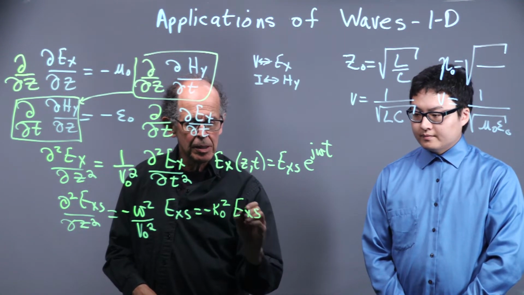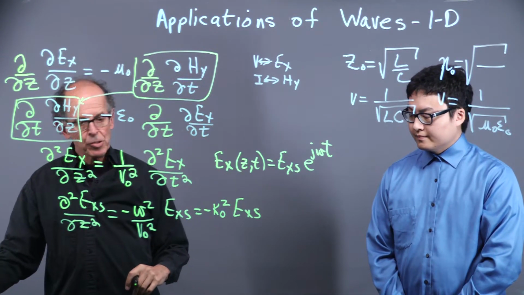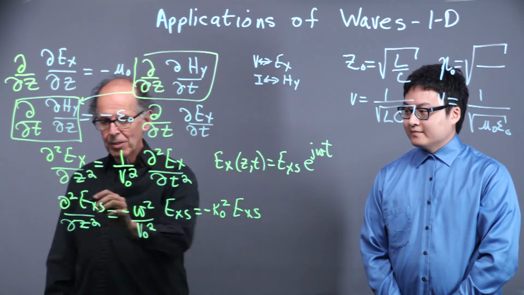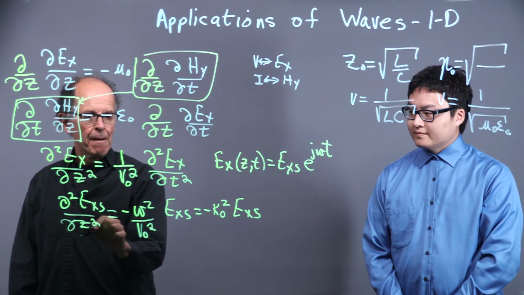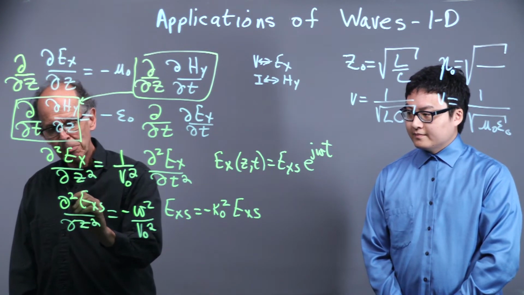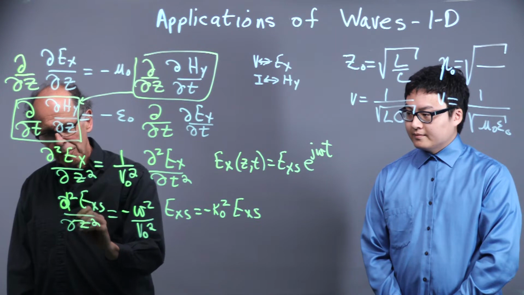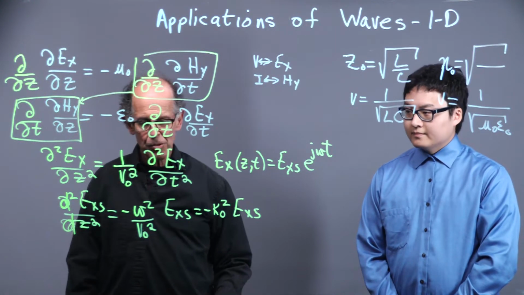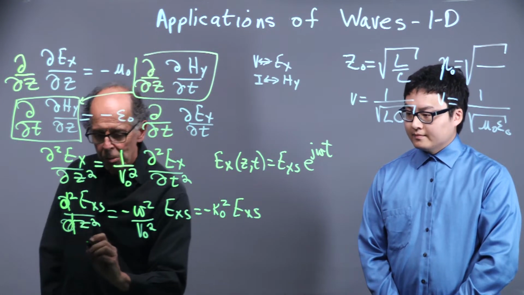So what's the solution? Well, we've seen this before. In fact, this is a total derivative. So to be strictly correct, it's not partial, because there's no other variable here except for Z. We've seen the solution before.